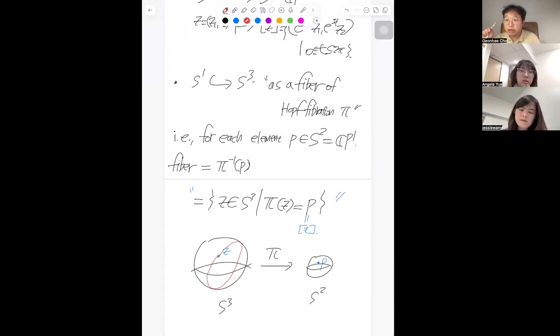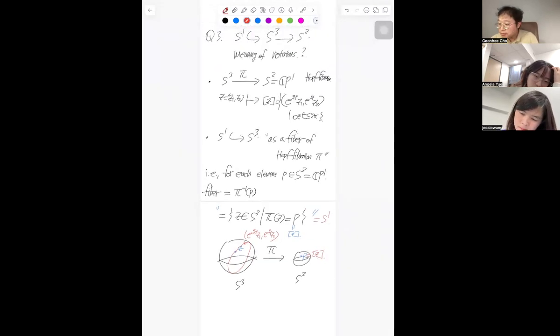Because we already said S2 is the collection of the circles, so the point P is actually nothing but the bracket of Z. So the bracket of Z corresponds to all possible points of e to the i t Z1 with e to the i t Z2, right? For each of the points. So what is this guy? This guy is S1. So that's the meaning of this guy.